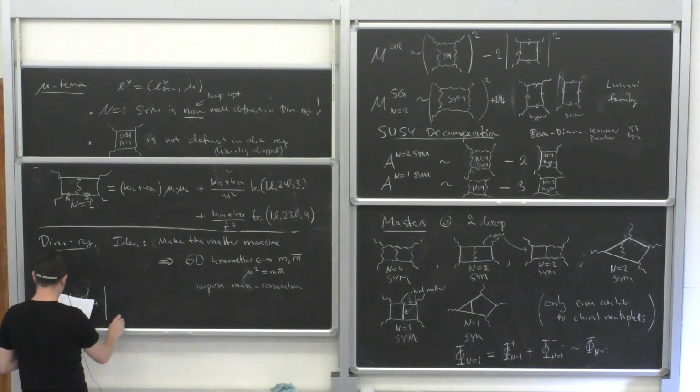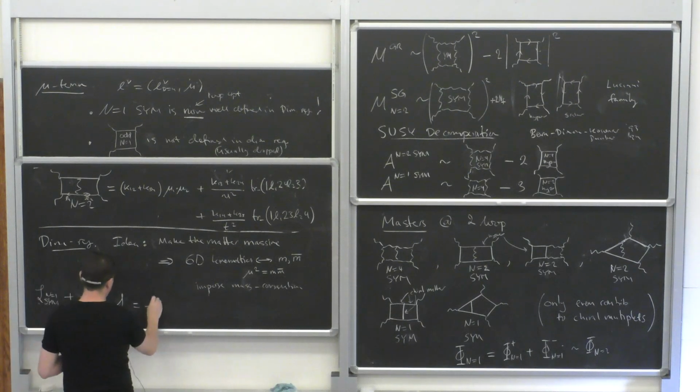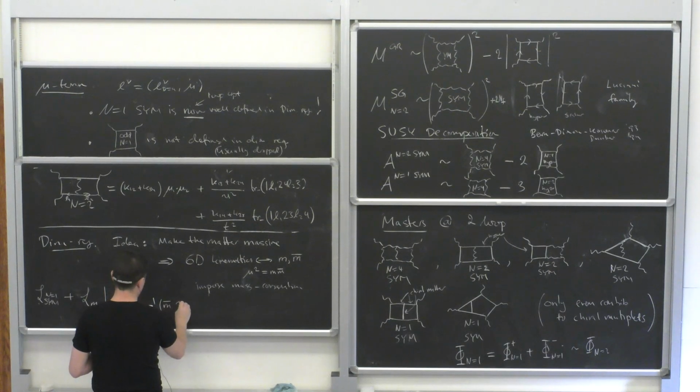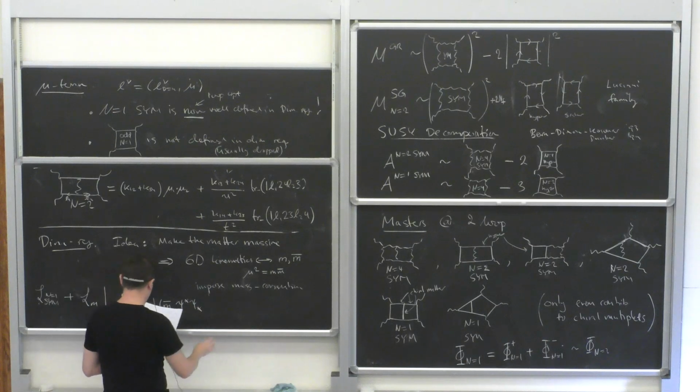So what are those mass terms? Let me write down what they are. First of all, that's just a kinetic term, but let me write it for good measure. Let's introduce some SU(2) indices, which are just SU(2) left indices.